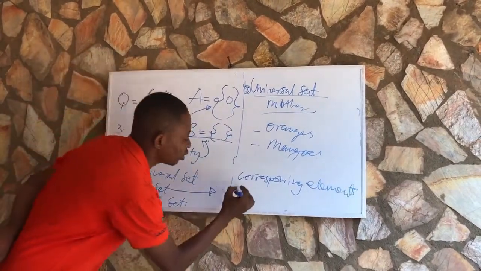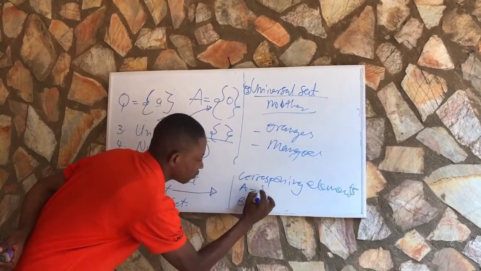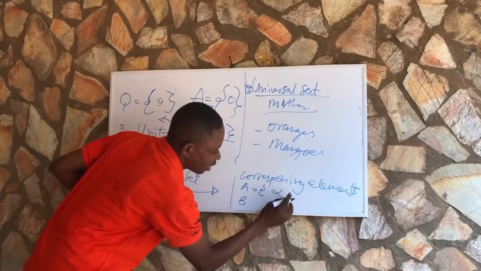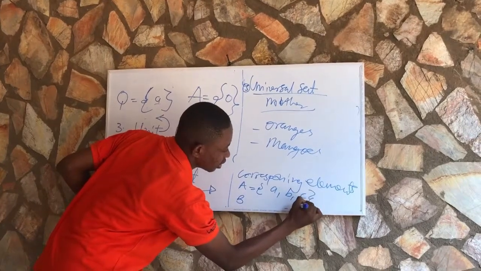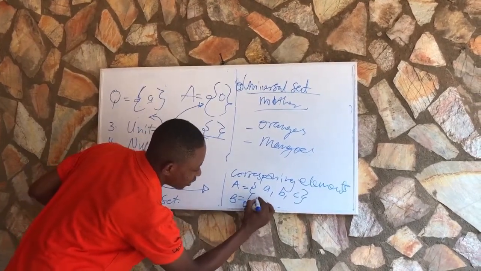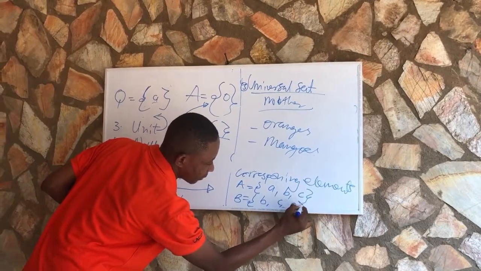So for example, let's look at these two sets, A and B. Set A contains A, B, C. Set B, on the other hand, contains B, C, A.